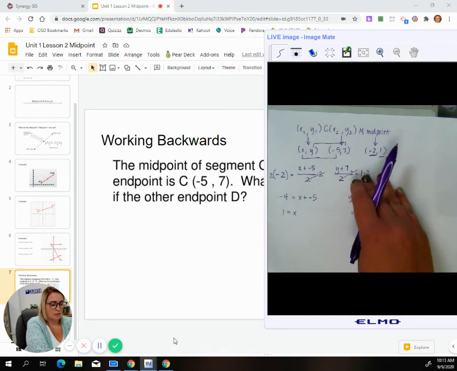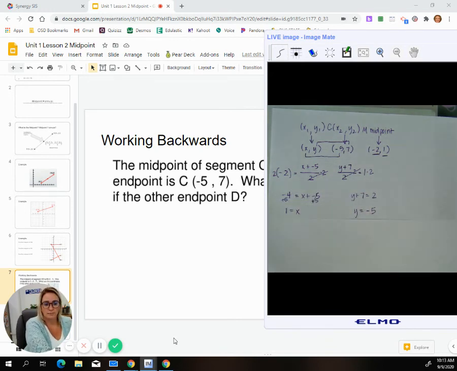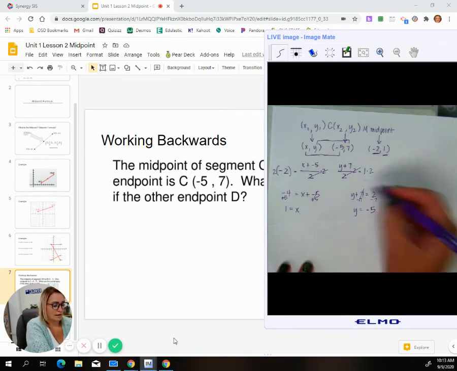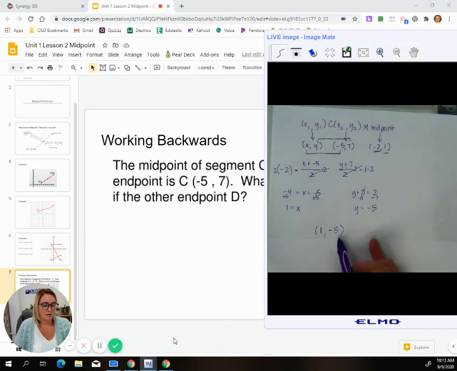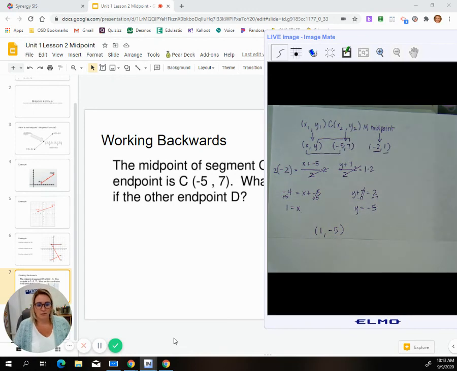Now it just is a matter of adding 5. So x is equal to 1. And subtracting 7. So y is equal to negative 5. So that tells me my endpoint is here, so that if this is one endpoint, the other endpoint is this, we will get that midpoint.